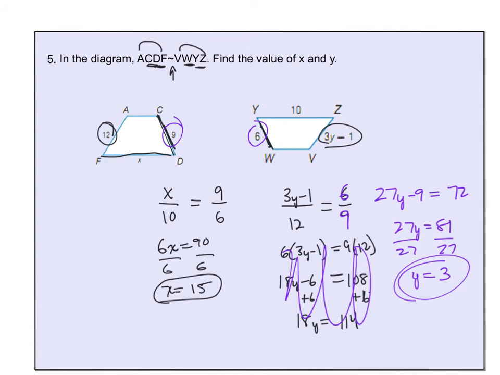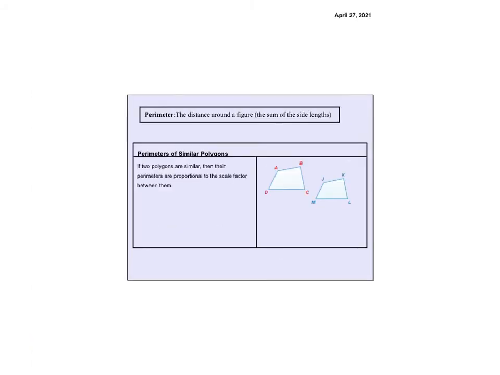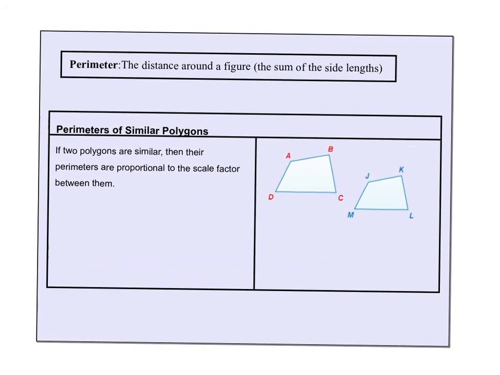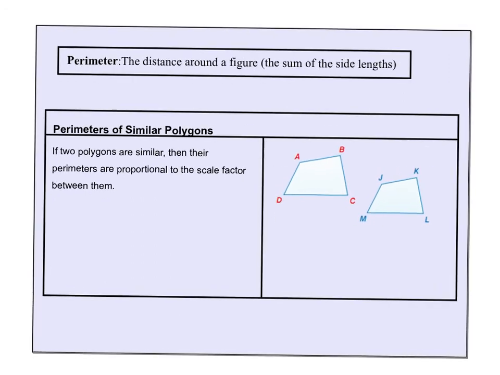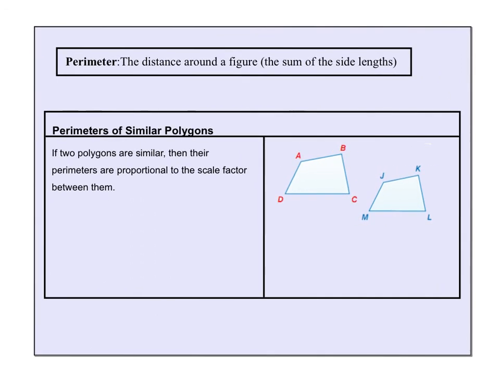All right, so now let's look. This is just kind of an extension of the previous idea, so that if the polygons are similar, my sides match up and they have a scale factor.